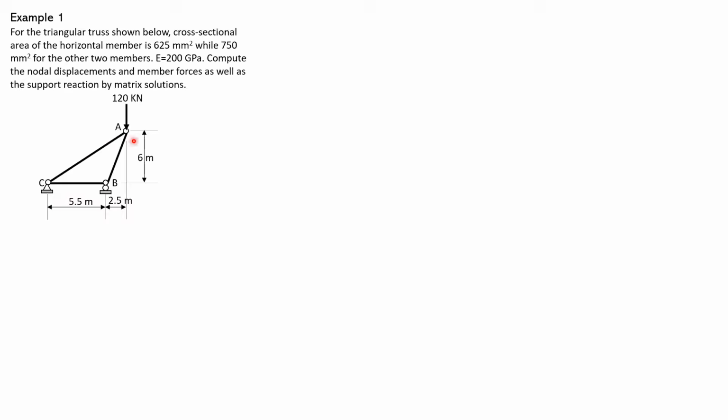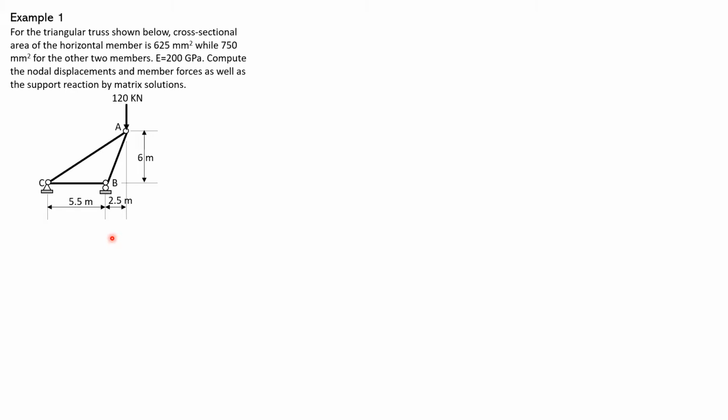So this is the truss, and it has 3 degrees of freedom: 2 at A, rightward or leftward and downward, and only 1 degree of freedom at B. So all in all, we have 3 degrees of freedom, and we can easily solve this using our calculator.